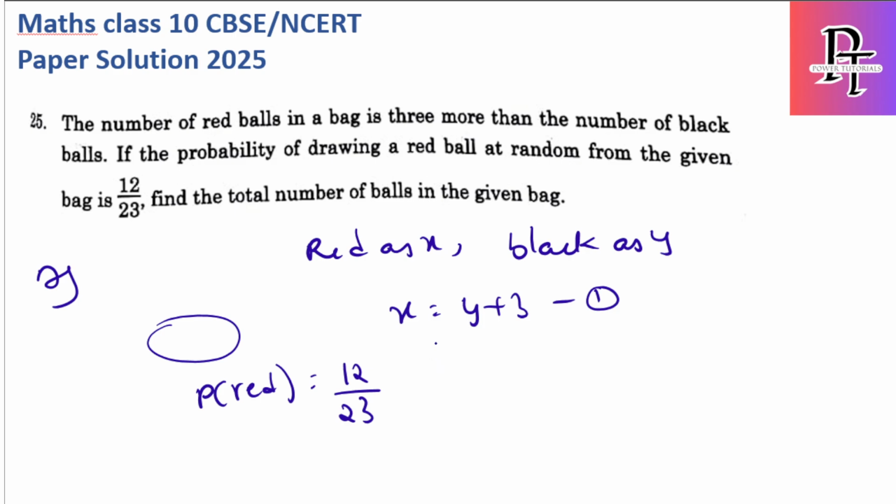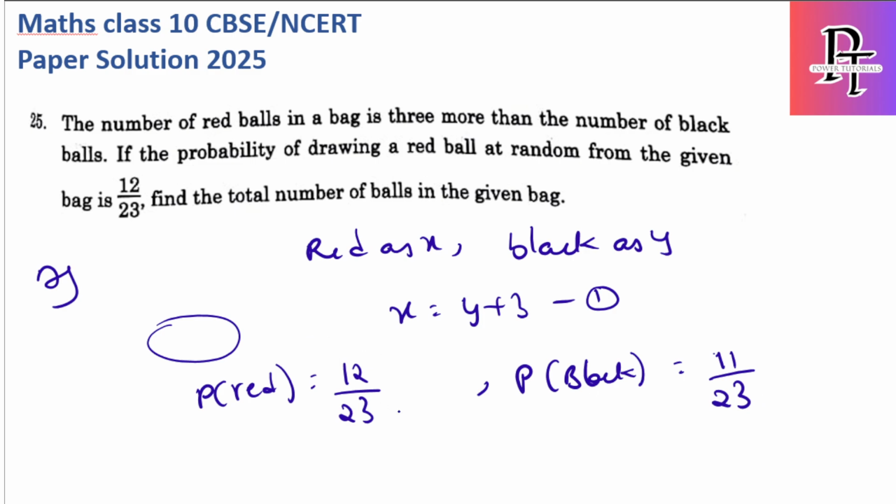The number of red balls in the bag is 3 more than the number of black balls. Let's assume that we don't have other colors in the bag. They haven't clearly mentioned, so I am assuming that we don't have other balls. So black balls probability will be 23 minus 12, which is 11 by 23.